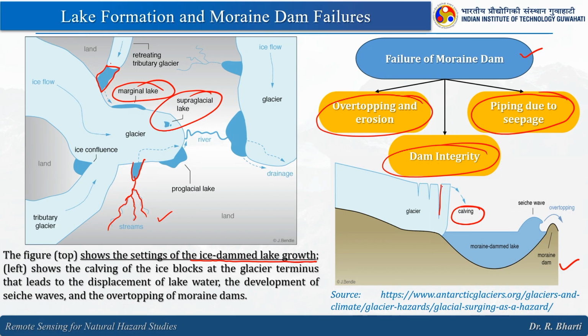So, what will happen if this particular mass comes into this system, then because of that there will be a seiche wave generation, and this is causing the overtopping, and this water may or may not remove this moraine, right, and because of this water there will be a GLOF event in the downstream.